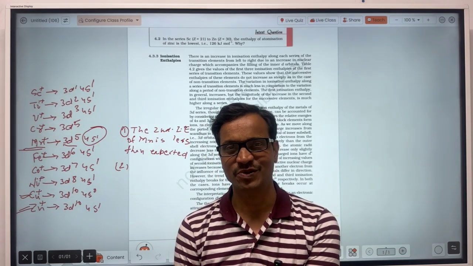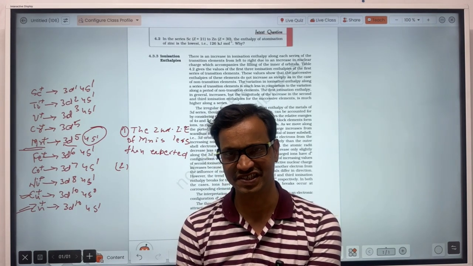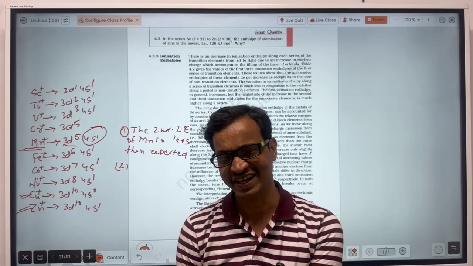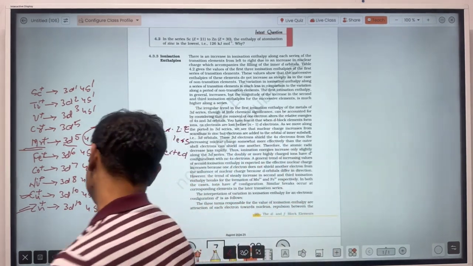So the second ionization enthalpy of zinc will be very, very high. Okay.